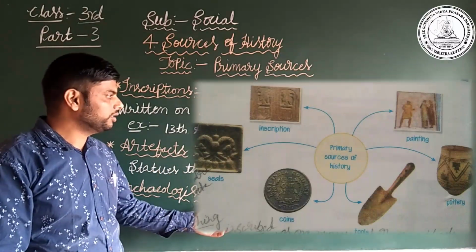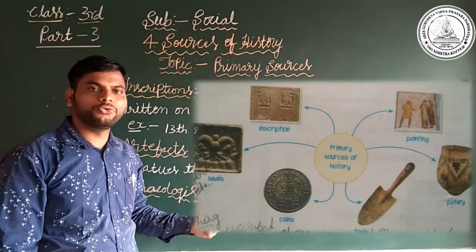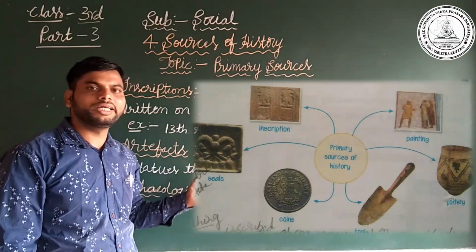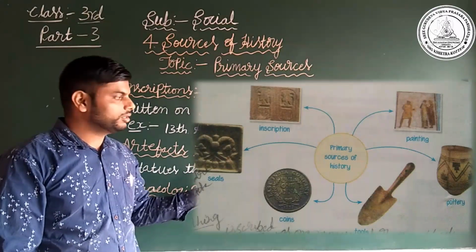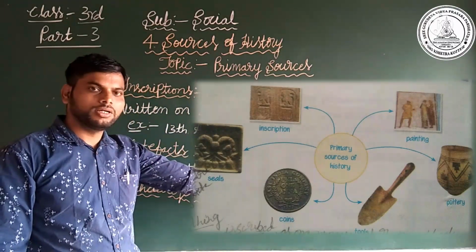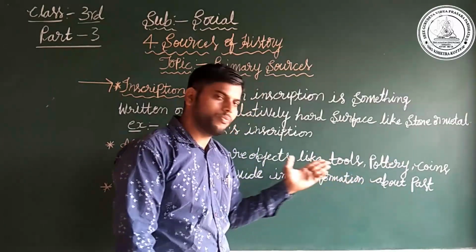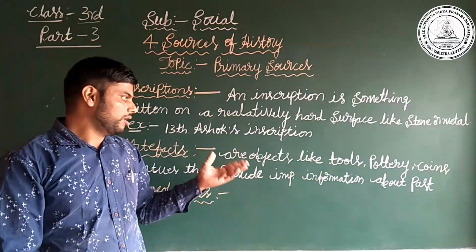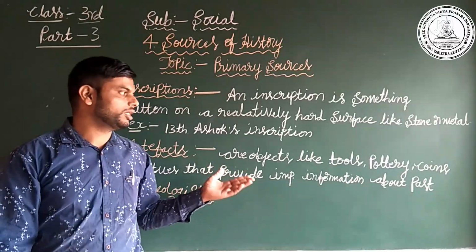Yes, my dear students, see tools. All of you observe in the picture there is a tool. A tool is nothing but one of the materials they were using in the past. Then pottery, what is that in the sense? Madike or pudike. These tools, pottery, and coins are very important sources for the Harappa and Indus Valley civilization.